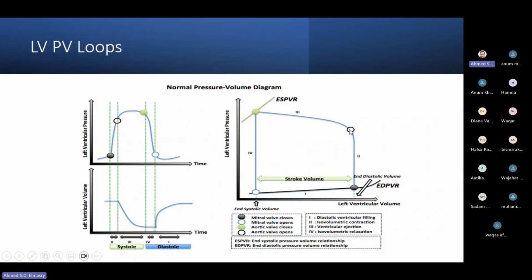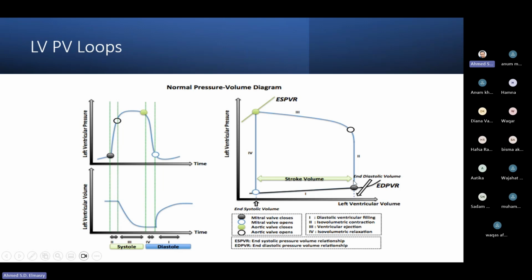As you see, at this point the volume inside the left ventricle is almost 120 ml. With the systolic ejection phase, you will notice a reduction of the volume inside the left ventricle at the end of the ejection phase. So there will be a change of the volume from this point till this point.